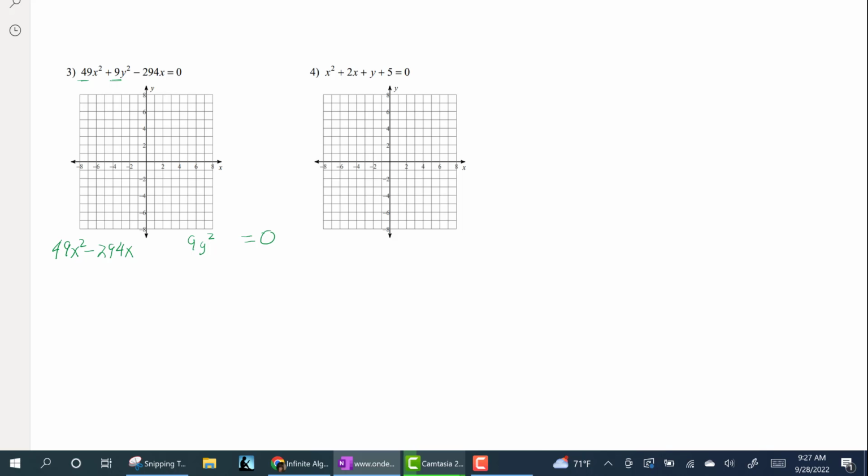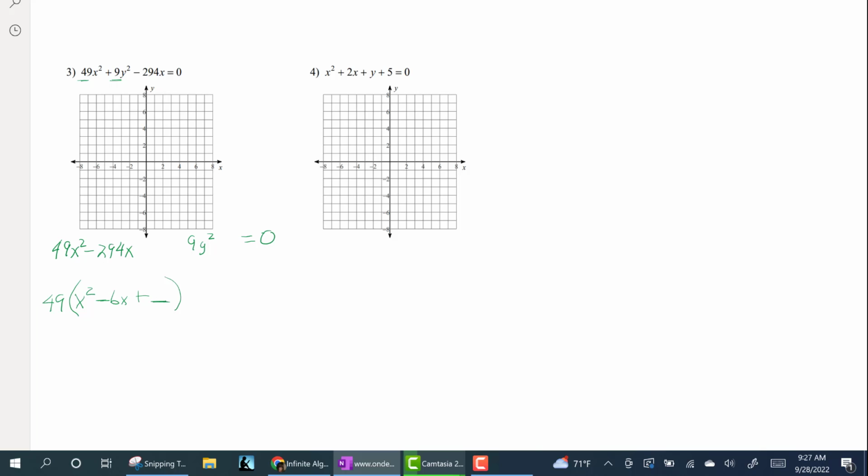So what I'm going to do here, and remember you can't complete the square unless you first get the x squared coefficient equal to 1. So I'm going to factor out that 49. If you do 294 divided by 49, you get 6. Now I'll put a plus blank.